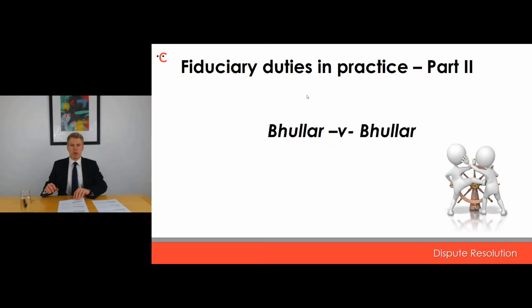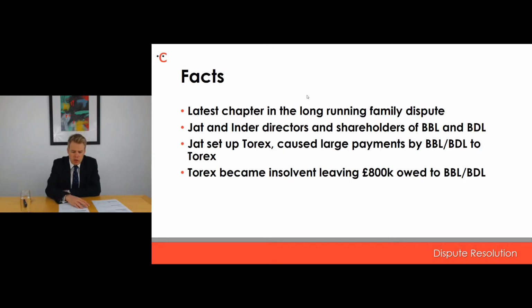The next case I want to mention, again on the fiduciary duties theme, is one called Buller and Buller. There's actually a lot of litigation involving the Buller family, and this is the latest chapter in the saga. There were two brothers, Jat and Inder, who are directors and shareholders of two companies, BBL and BDL.